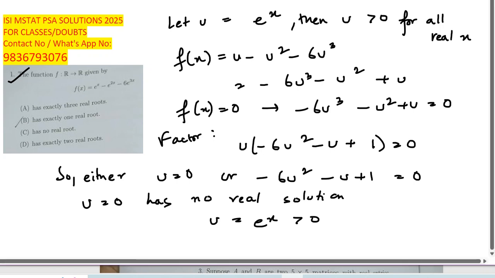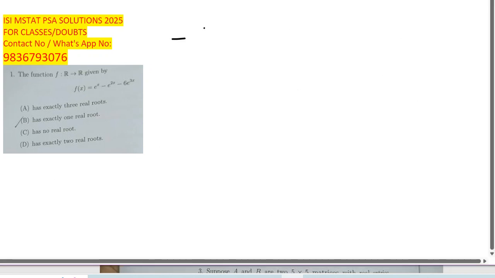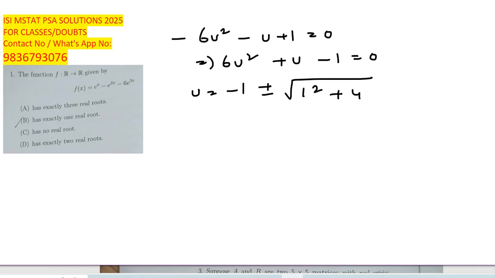Using the quadratic, minus 6u square minus u plus 1 equals 0, or 6u square plus u minus 1 equals 0. We use the quadratic formula: minus 1 plus minus root under 1 square plus 4 times 6 times 1, divided by 2 multiplied by 6.